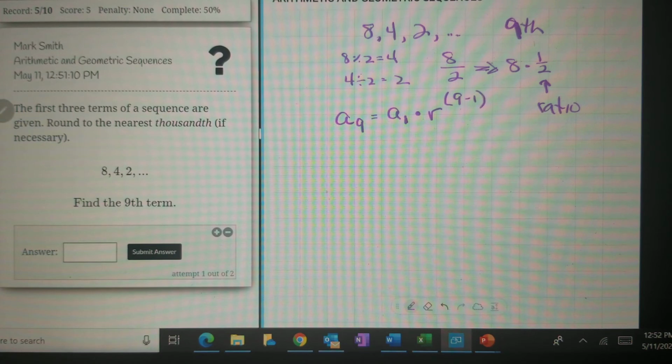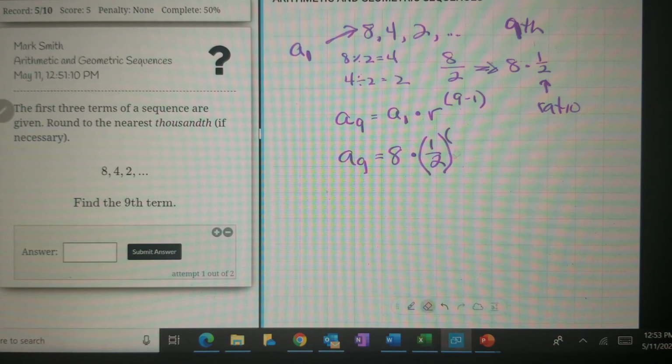All right, so let's fill in the blanks here. So a to the 9th is equal to the first term, a1, which is 8, and then r, I said r was 1/2, and then to the power, I'm going to put a bracket around this.